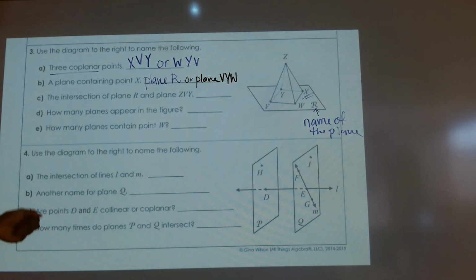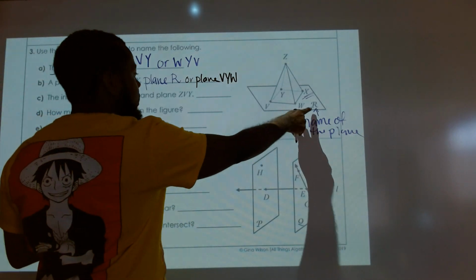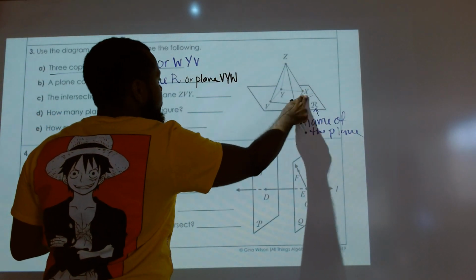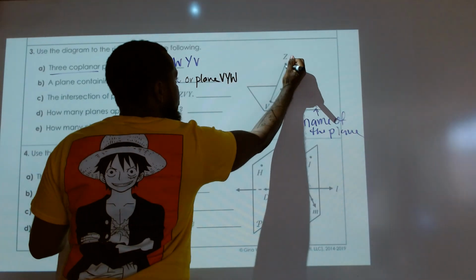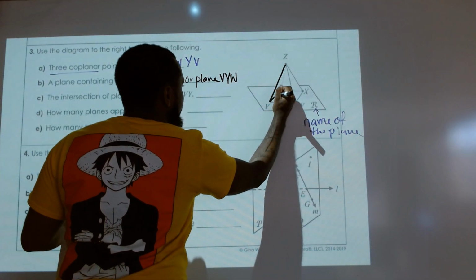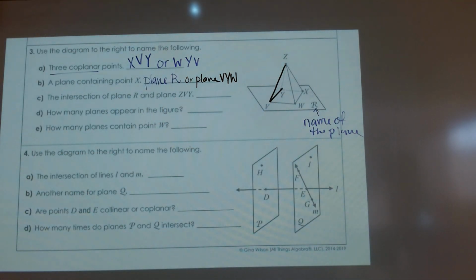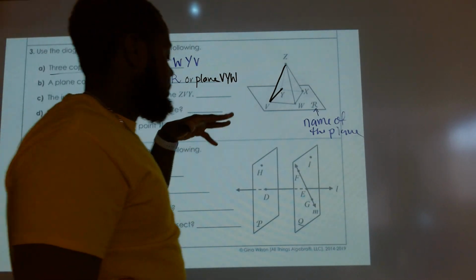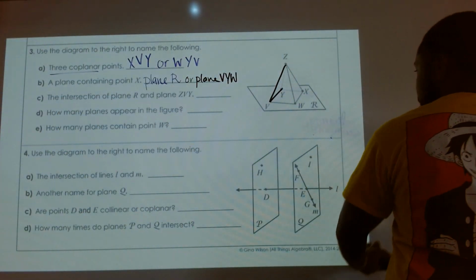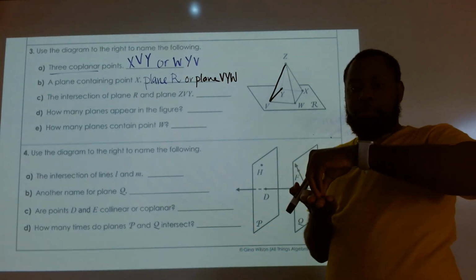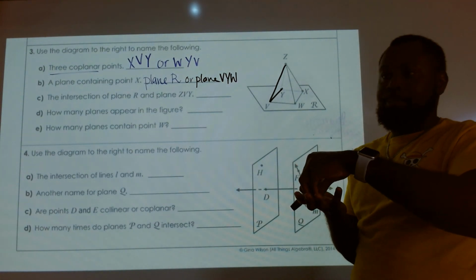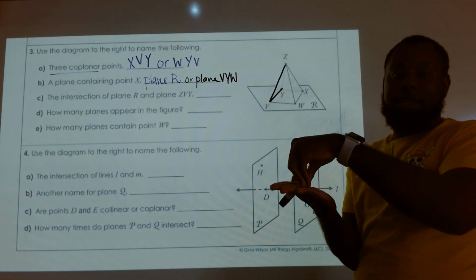So it says the intersection of plane R and plane Z, V, Y. So think of it before you answer. Think of it like a prism or a pyramid on a flat surface.